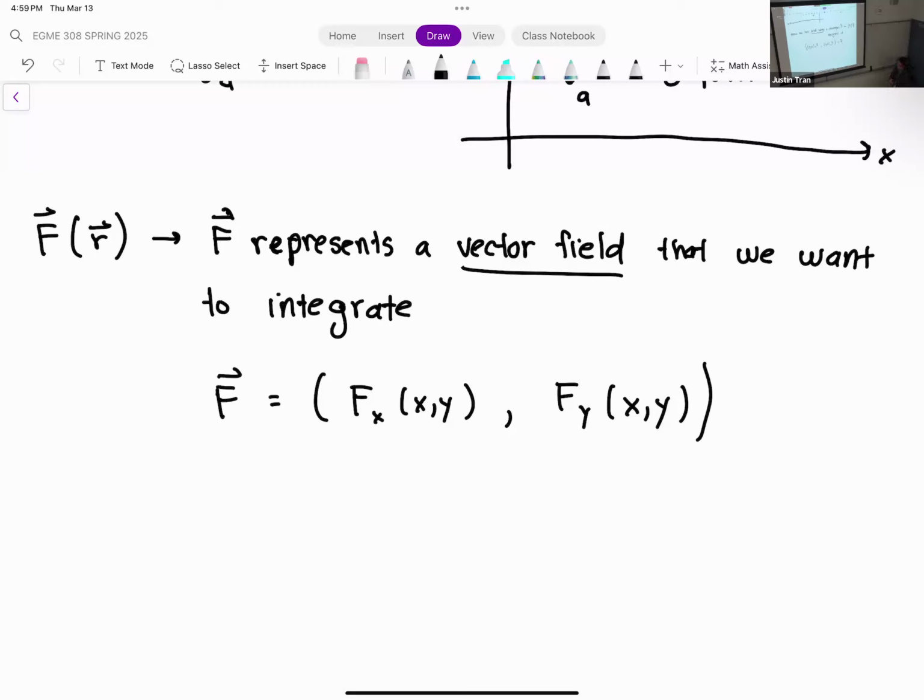So that's f, but what's f of r? We just talked about r. Here r is our parameterized curve, the path along which we want to perform our integral.